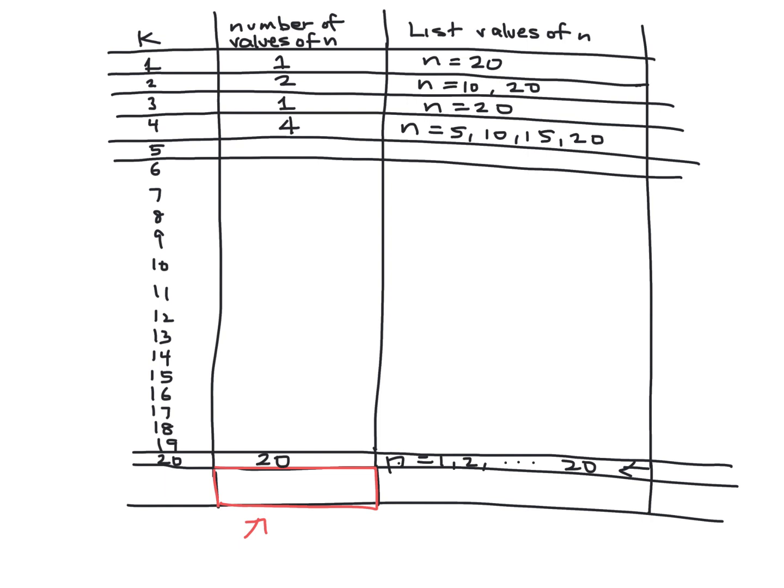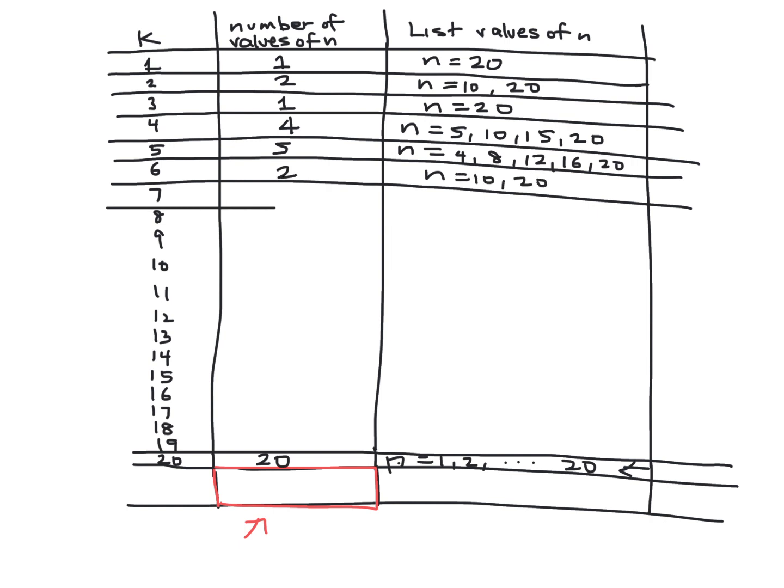Sorry, I should be saying when k equals 5, it works when n is 4, 8, 12, 16, and 20. So you got 5 values there. When k is 6, it only works with 10 and 20. So they got 2. When k is 7, it only works when n is 20. So you got 1 value there.